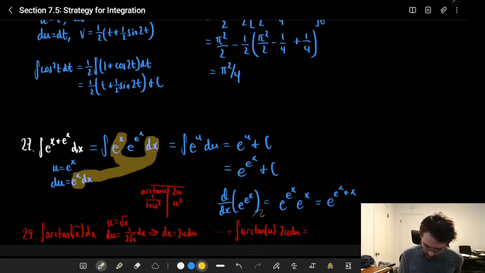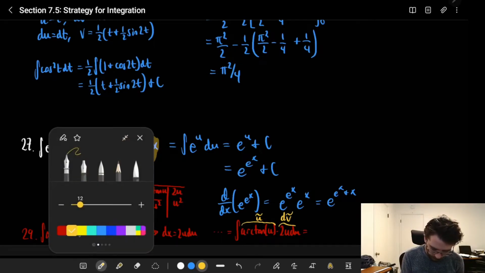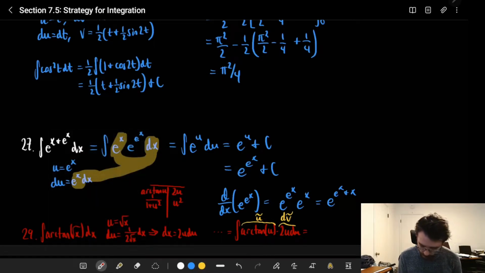Basically I'm saying this is like my new u. I'll put a little tilde over it to differentiate it. And then this is like dv. Why not put a tilde over that too? And if we do that, uv is going to be u squared arctan u, minus the integral of v du.